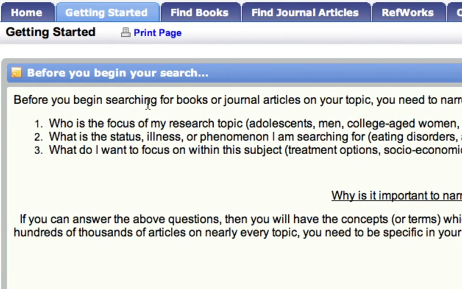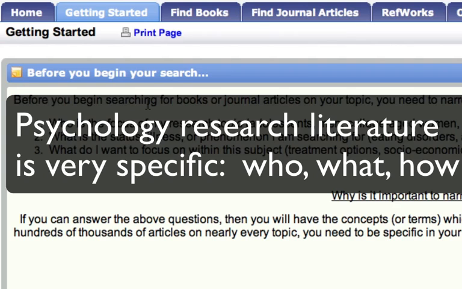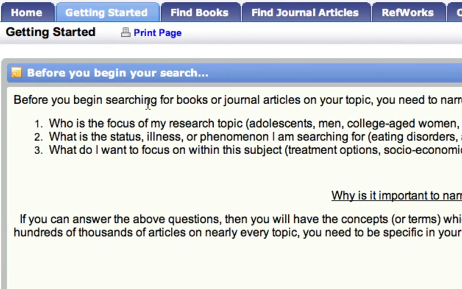These articles are extremely specific. They deal with a specific population of people, or it could be animals, and then a specific aspect of that population, and each article deals with a different way to measure, a different outcome, or a different approach to studying this population with this issue.